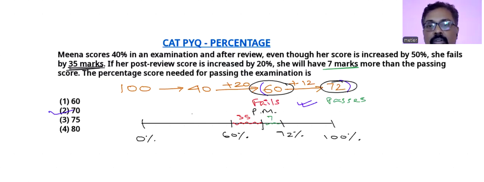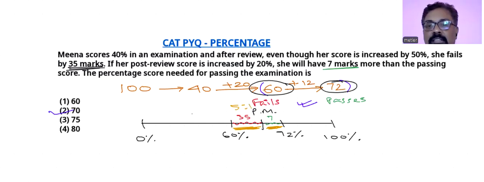If we go with these two segments, in the marks part they are in the ratio 5:1.